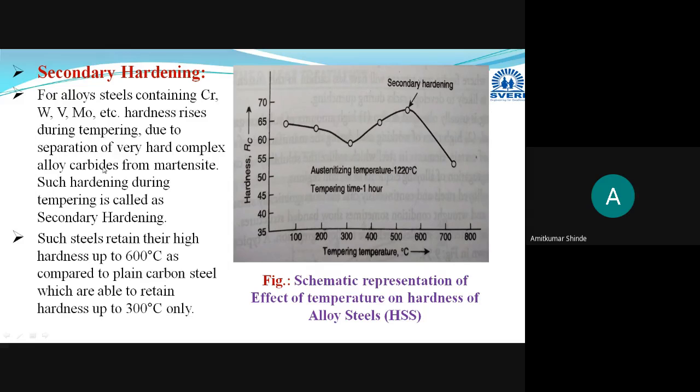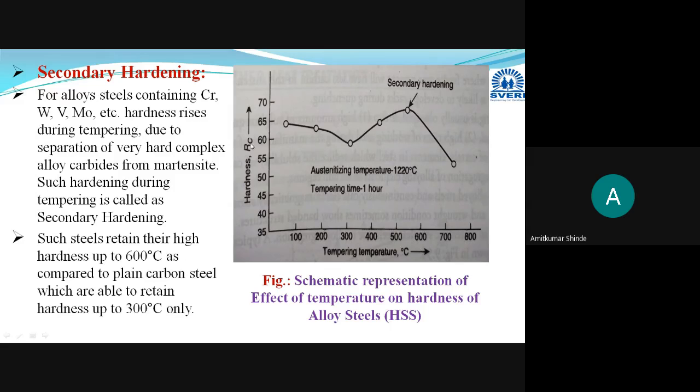Why do we perform tempering? To decrease the hardness and improve the ductility. But in these alloy steels, hardness will get increased.